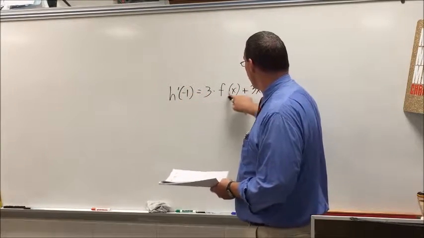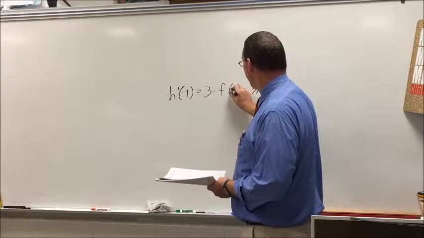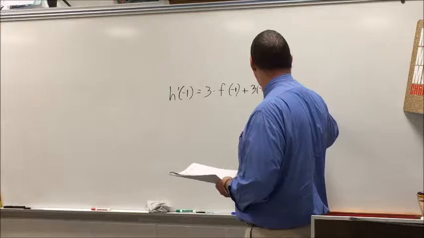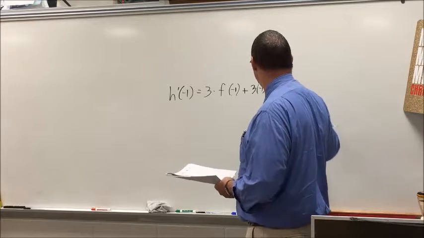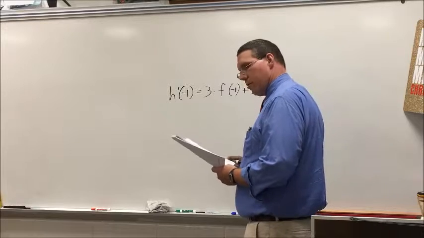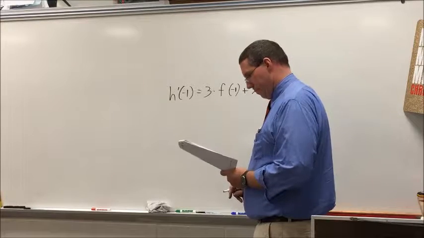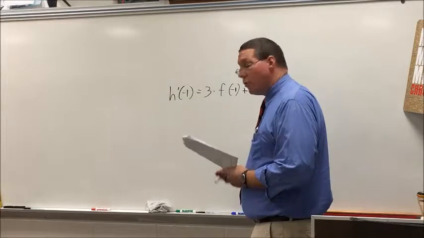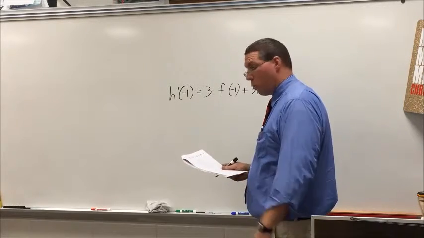And if we want h prime of -1, everywhere we see an x, we're going to put in a -1. Do we know f of -1? It's in the stem of the question.